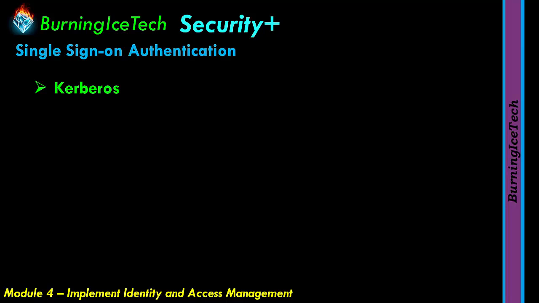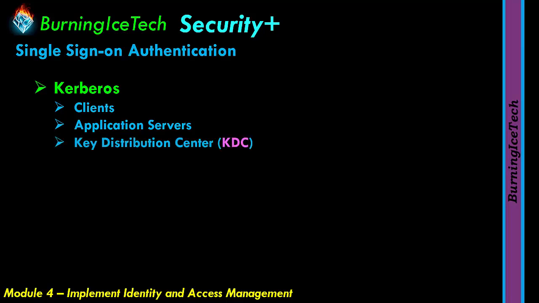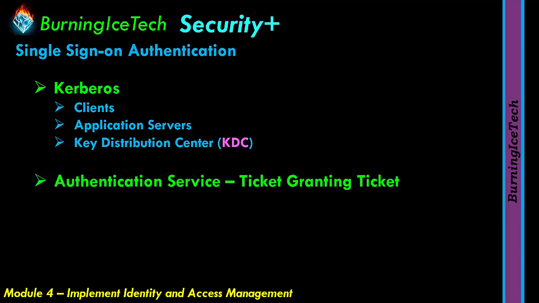Now, how this works is clients request services from the application servers, which both rely on an intermediary, a key distribution center, which we just call KDC for short, to vouch for their identity. There are two services that make up this KDC: the authentication service and the ticket granting service.